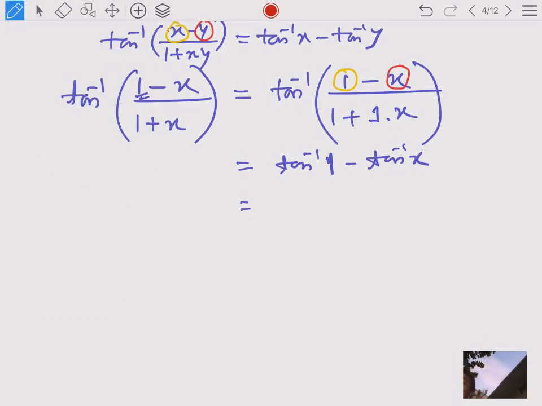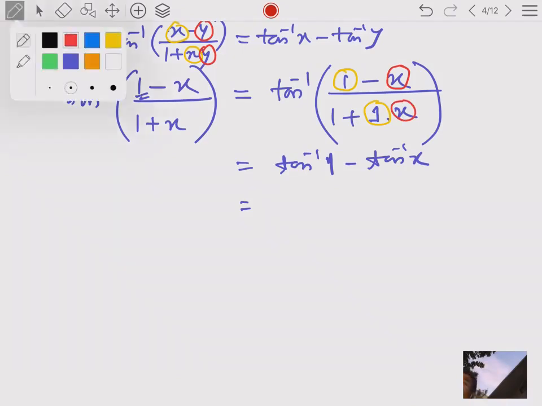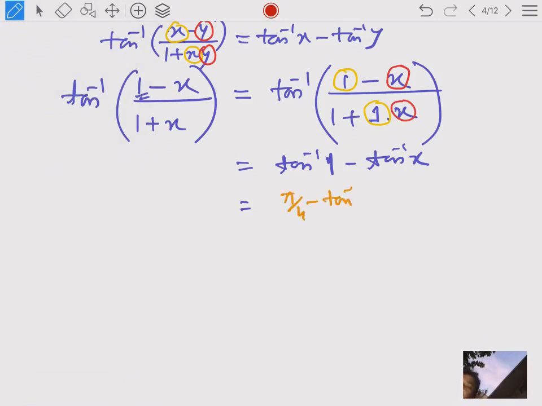So now we can see here, this is x, this is 1, and this is y. When we compare this identity, it will be converted in this way, and tan inverse 1 is pi by 4 minus tan inverse x. So use this identity also, many times it will be useful in many questions.